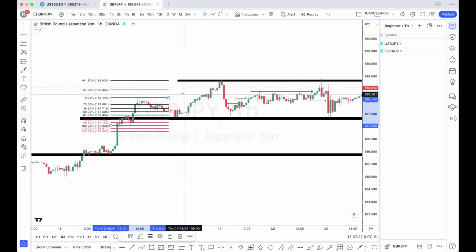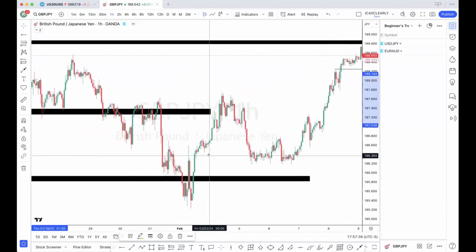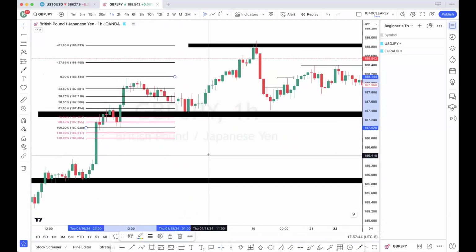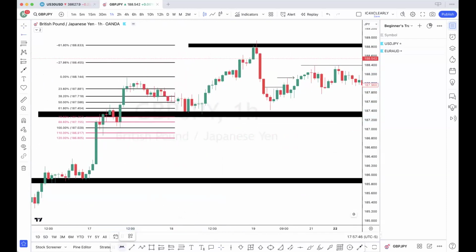I'm going to zoom in. All right, so this is your negative 27 once price pulled back.